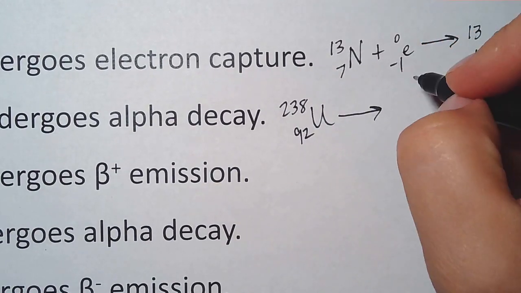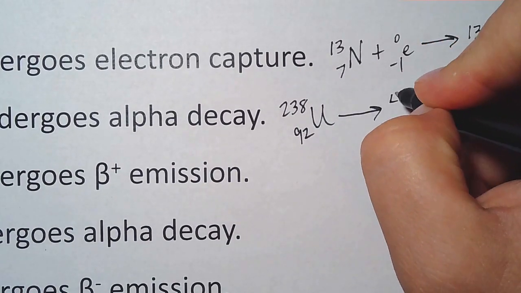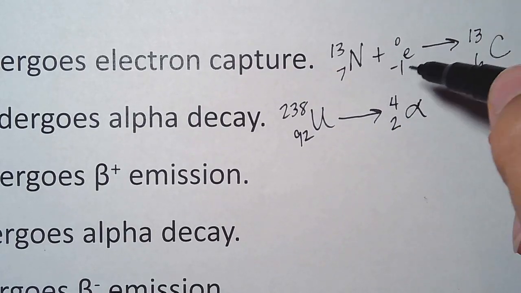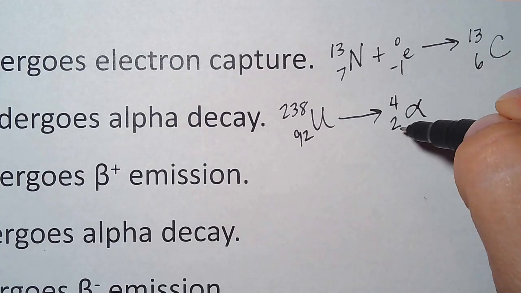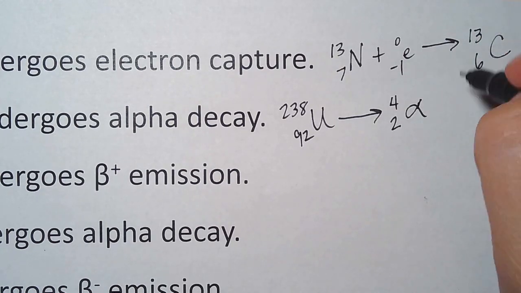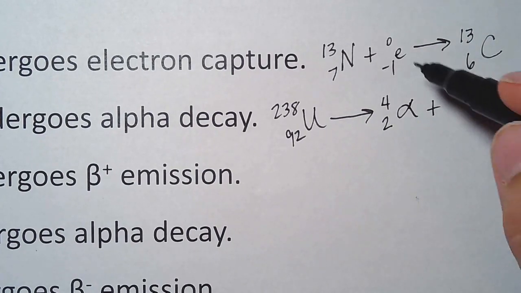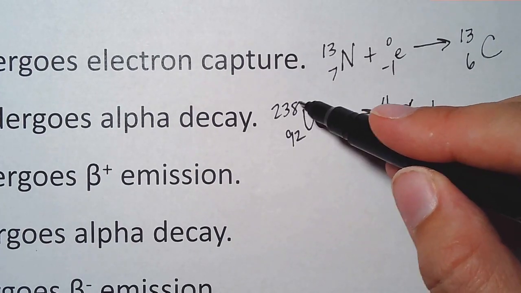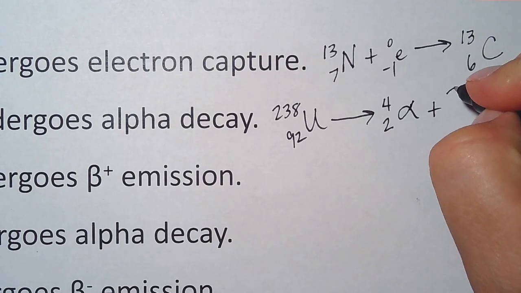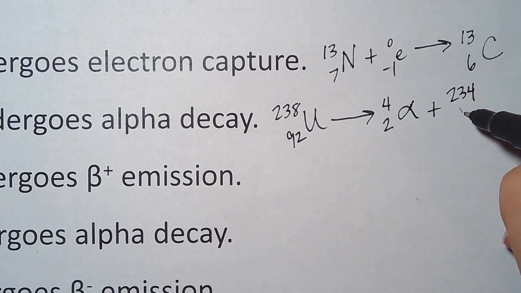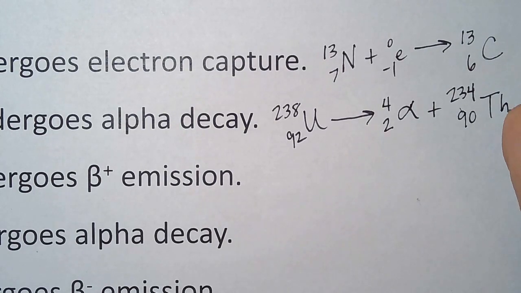Total mass of 4, 2 protons being ejected. So we need to know what isotope is left over when this happens. We've lost a total mass of 4 from our 238, so we're down to 234. We've lost 2 protons, so we're down to 90 on the periodic table. That's thorium. So thorium 234 would be our remaining isotope.